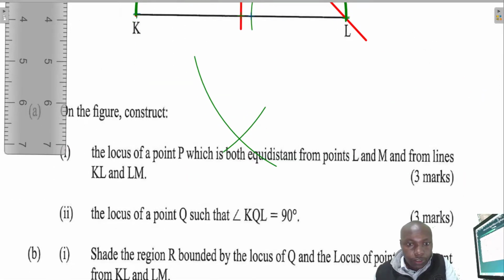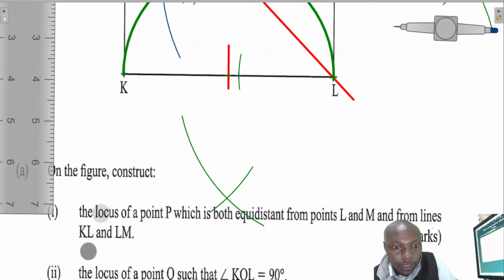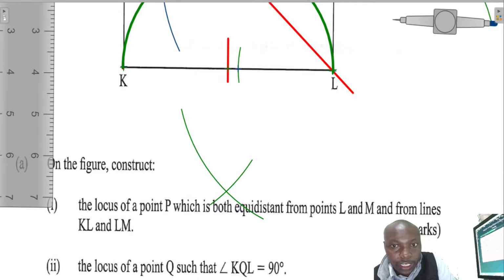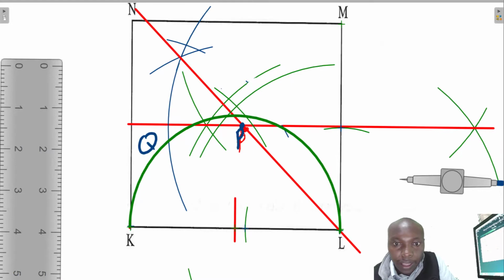In the next question, you're supposed to shade the region R bounded by the locus of Q and the locus of points equidistant from KL and LM. The locus of a point equidistant from KL and LM was the angle bisector of angle KLM. You can see that line, and where they're intersecting at P. The locus of Q is that arc.